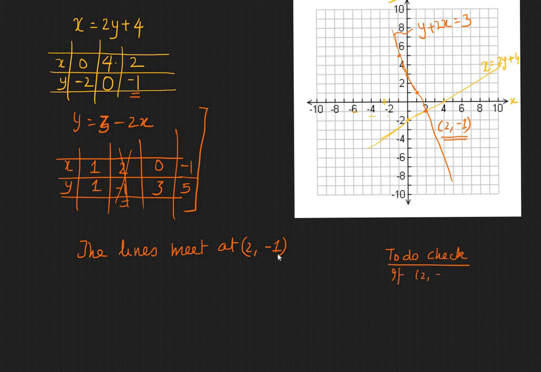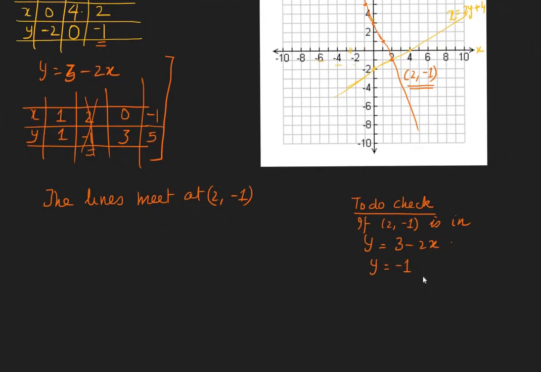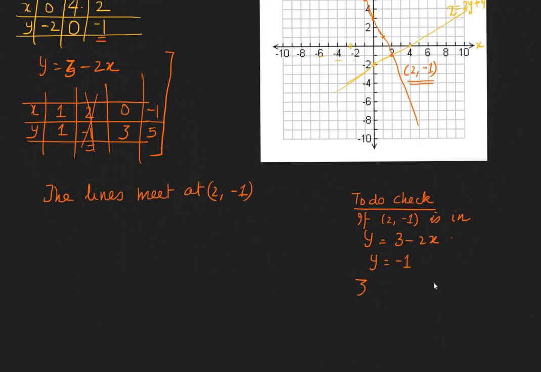If 2, -1 is in y equal to 3 minus 2x, so you can say y is -1, and the right hand side, 3 minus 2x, would be equal to 3 minus 2 into 2, and that would be -1.